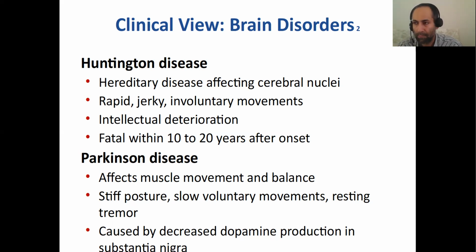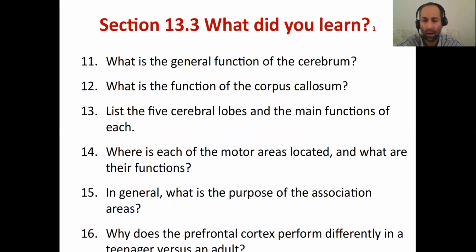Also slow reflexes, all of those things. How you can treat it or try to pacify the signs and symptoms is by giving them drugs like levodopa, which is a dopamine substitute, because they're low on dopamine.